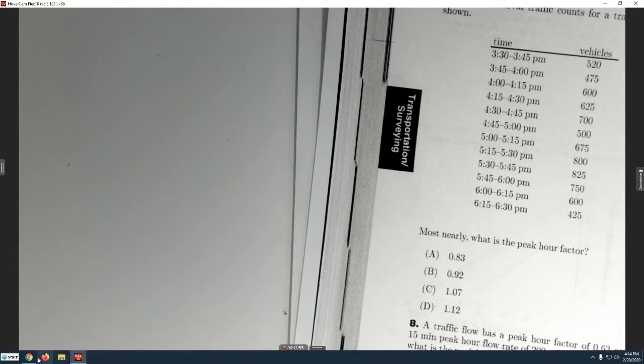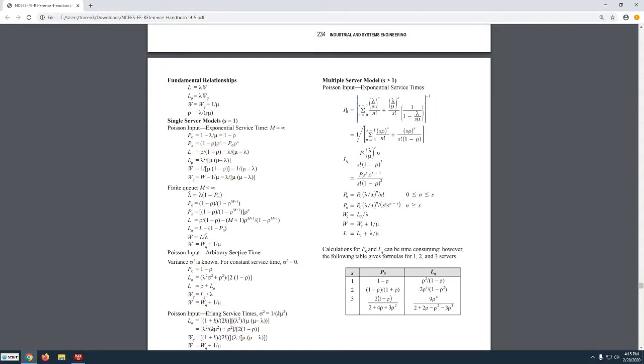Go back again. So to get P5, you need P0. You need to identify lambda and mu, which we already know. So the question comes down to P0 again. But again, the good news is this time it's M/M/1. So P0 is just 1 minus rho. Rho comes from lambda over mu.